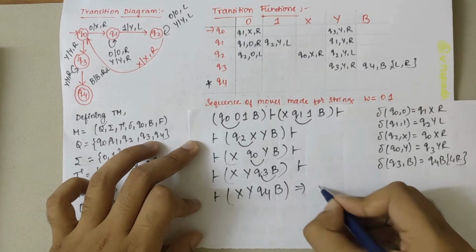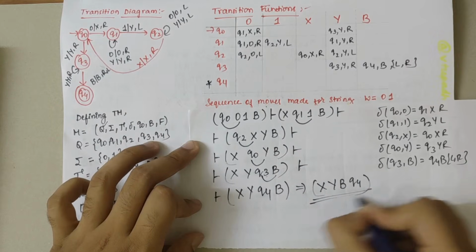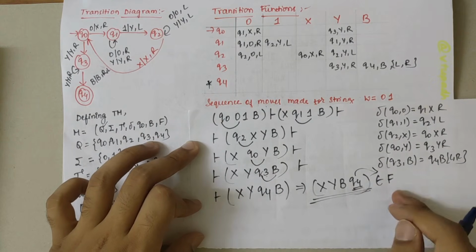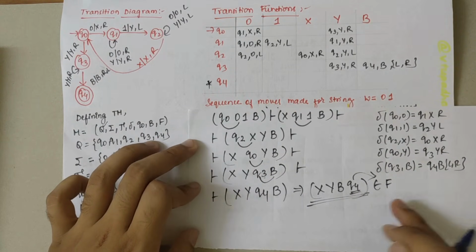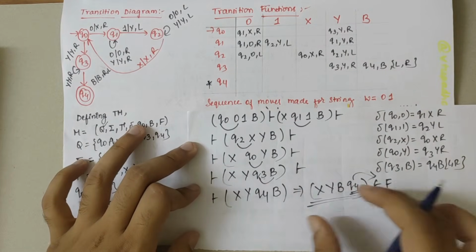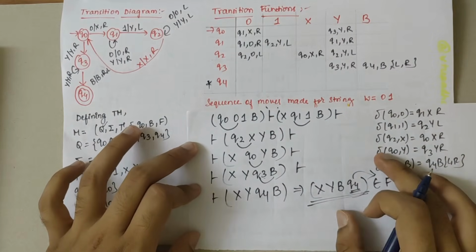So I can write this as X, Y, B followed by Q4. This depicts that Q4 is in the final state. When Q4 is in the final state, we can say that the given string is valid. So this is how we show the sequence of moves made by the given string by considering the transition functions.